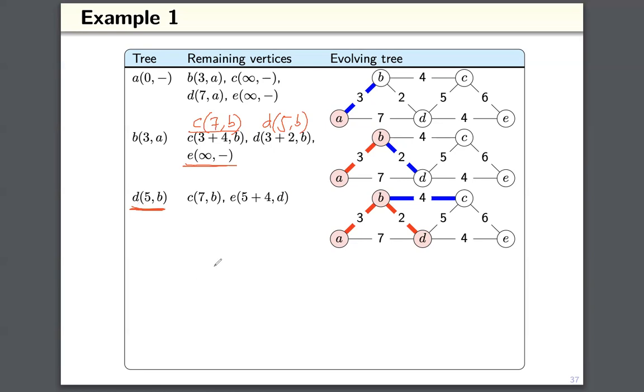Now let's see. C is reachable from D at a distance of 5, and D is connected to A at a distance of 5. C is connected to D directly at a distance of 5.